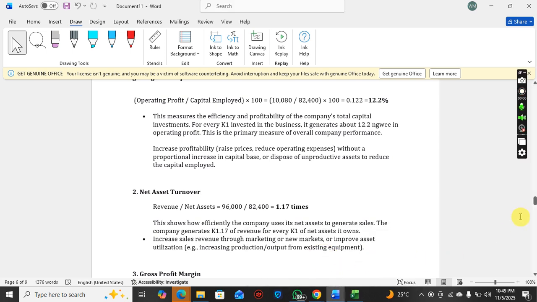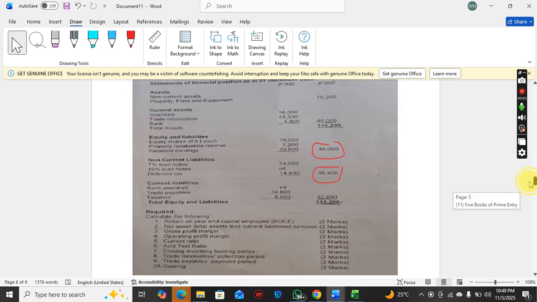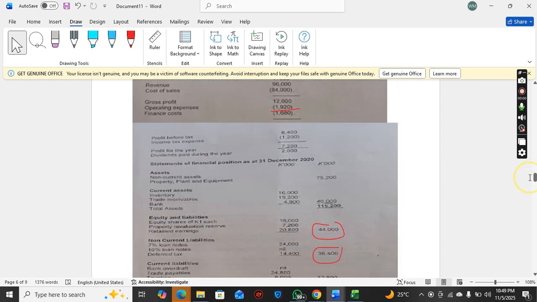So for this question, you just get the values from the table there. Like why I ask?